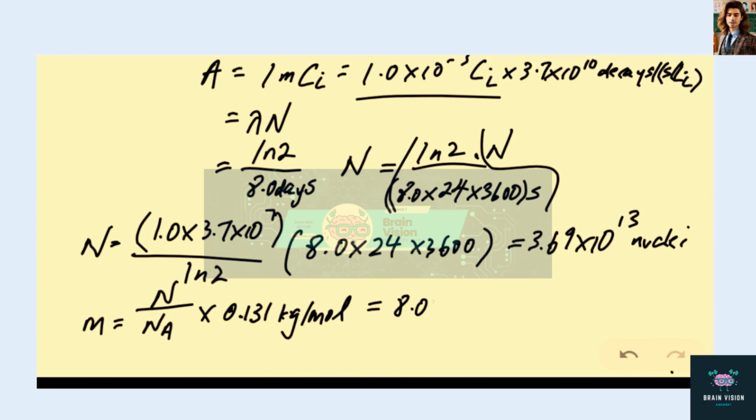This will be 8.0 times 10 to the power minus 12 kg. So with the particular activity 1 millicurie of iodine, we will need a mass of 8 times 10 to the power minus 12 kilograms of the iodine.